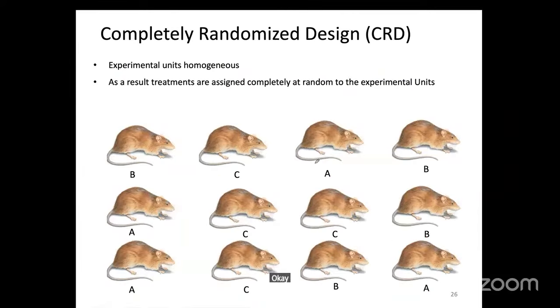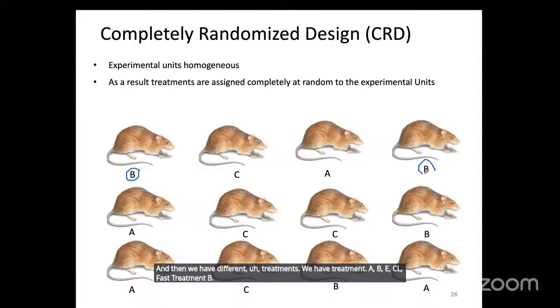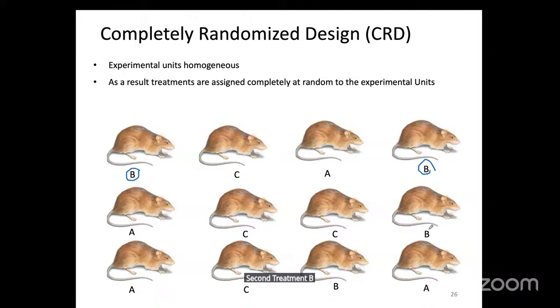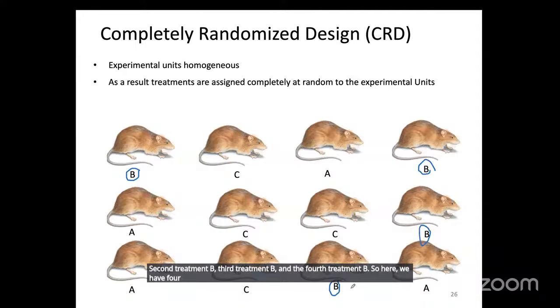Okay, so here we can see that we have uniform rats, and then we have different treatments. You have treatment A, and B is here: first treatment B, second treatment B, third treatment B, and the fourth treatment B. So treatment B is occurring 4 times.